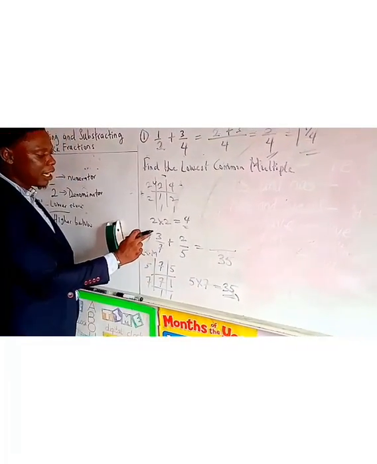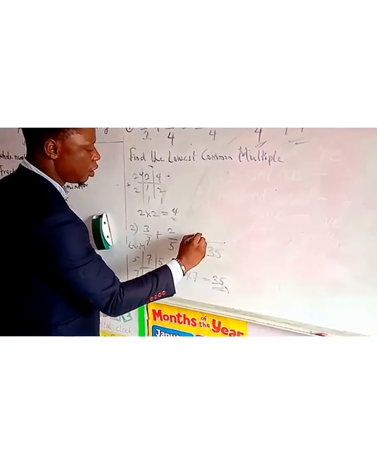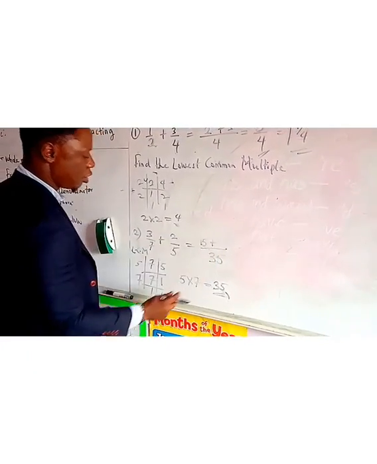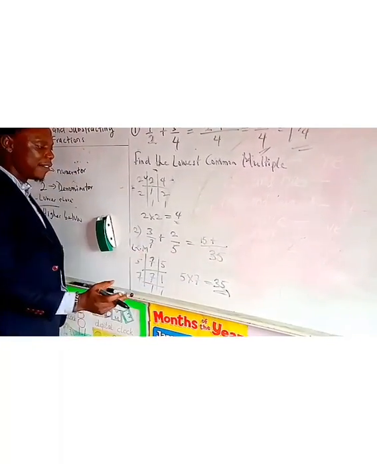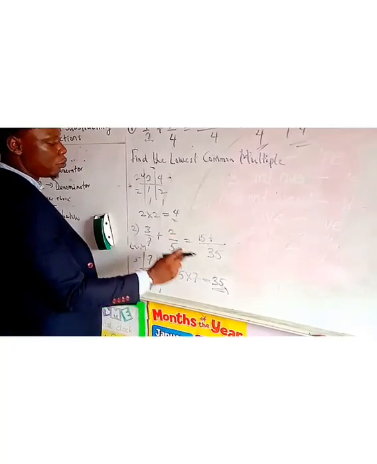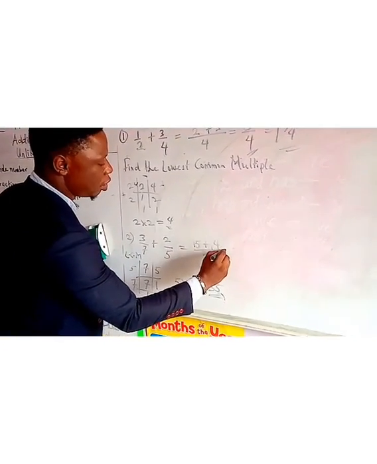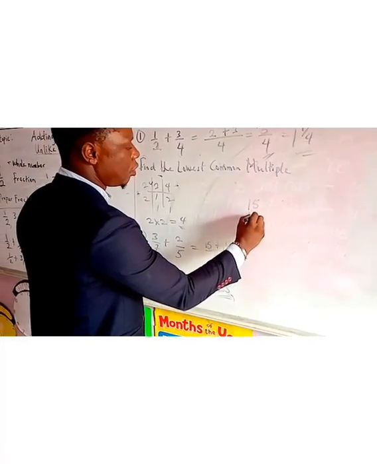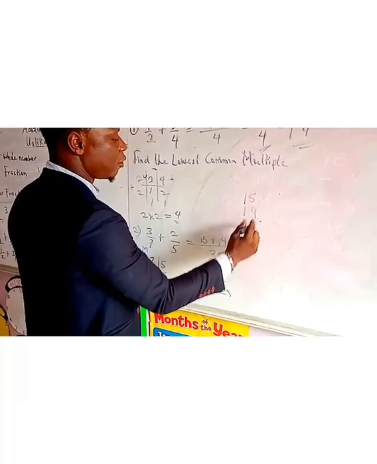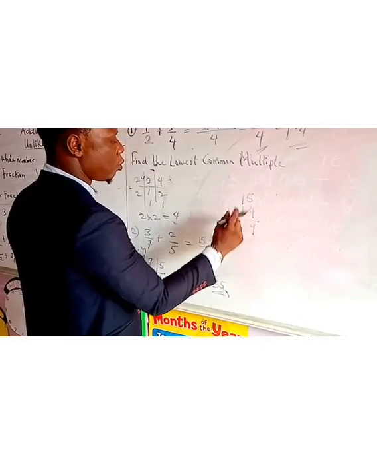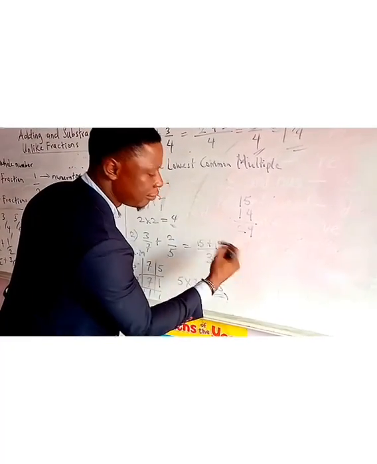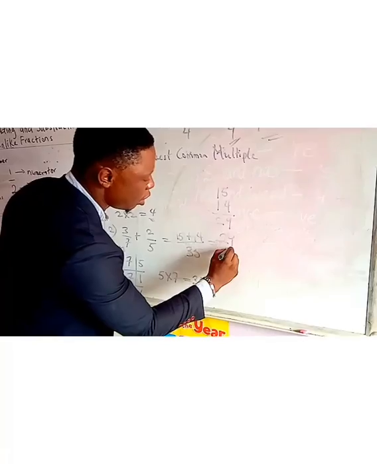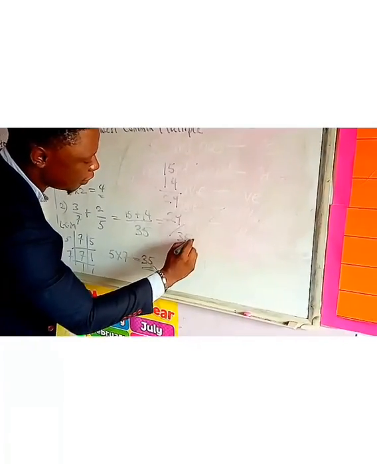So 5 multiplied by 3 will give us 15, plus 35 divided by 5 is 7. 7 multiplied by 2 is 14. So let's add 15 plus 14, 5 plus 4, 9, 1 plus 1, 2. So we have 29 over 35.